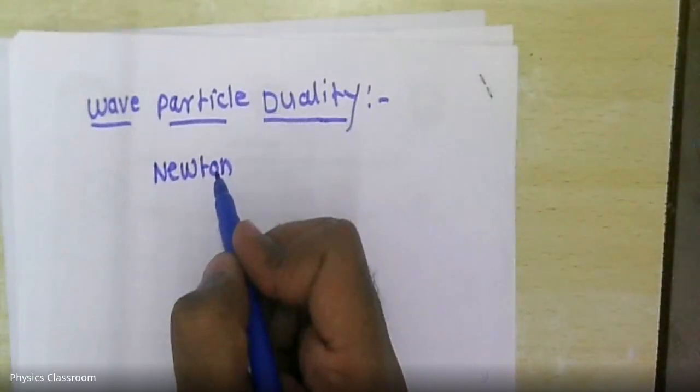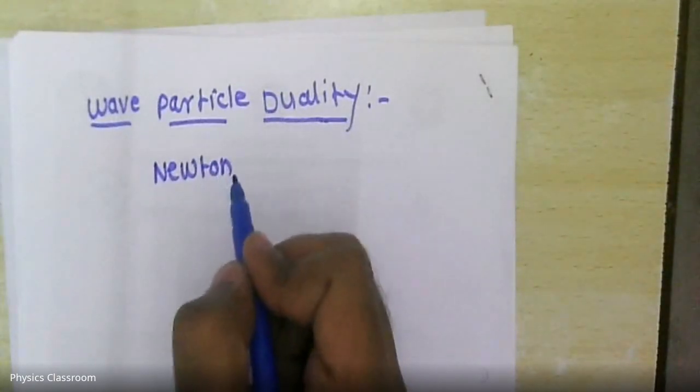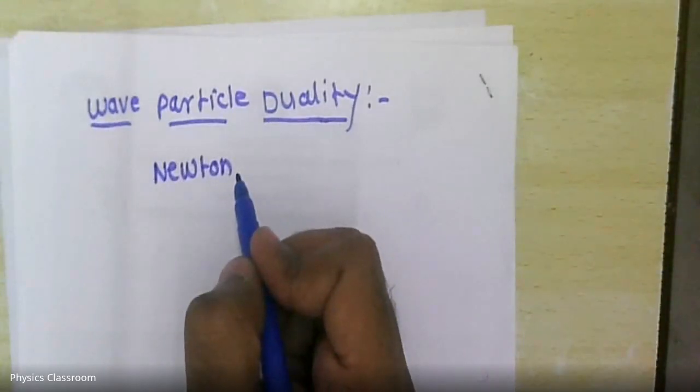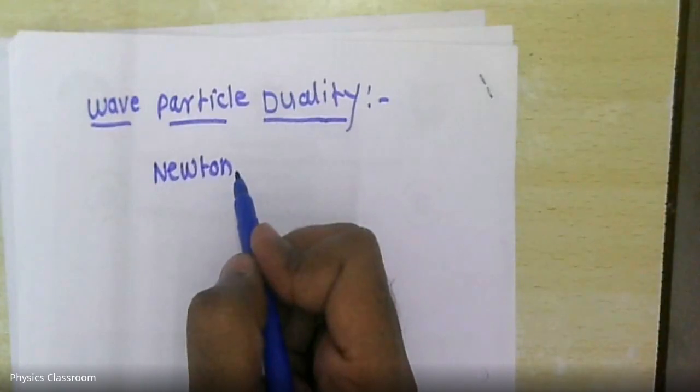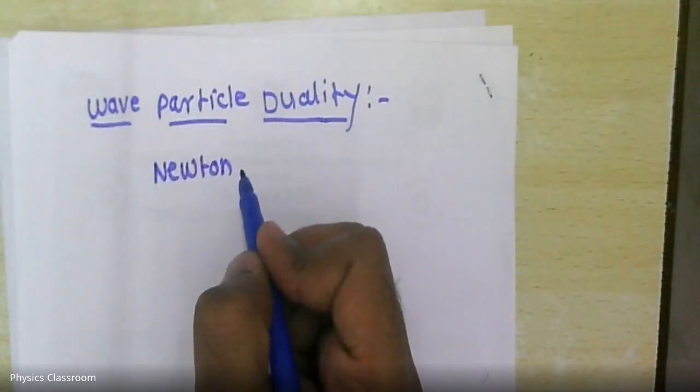The nature of light has been enigmatic since the days of Newton. Newton assumed light to consist of teeny particles called corpuscles.